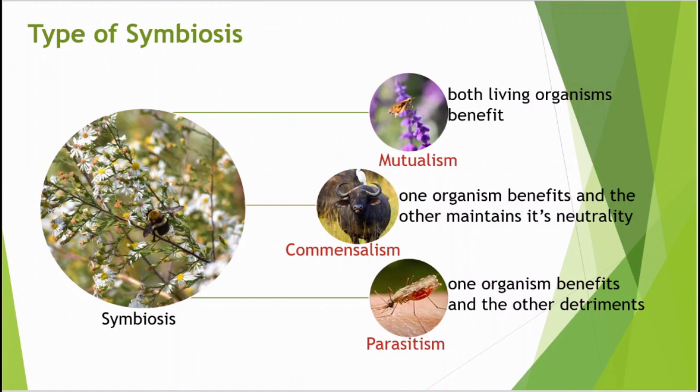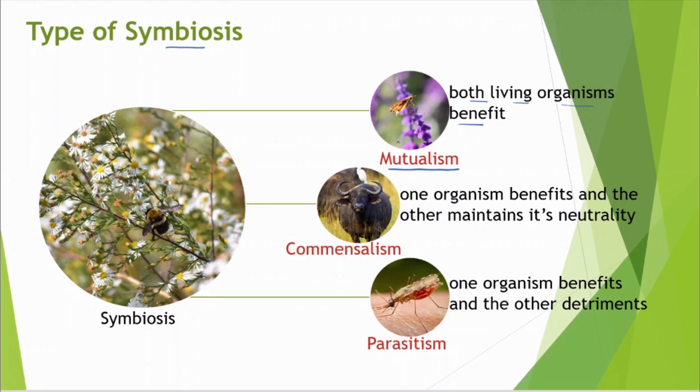So here are the different types of symbiosis. The first one, where both living organisms benefit, is known as mutualism. Here we can see the picture of a flower and a bee. The relationship between a bee and a flower is a mutualistic relationship.